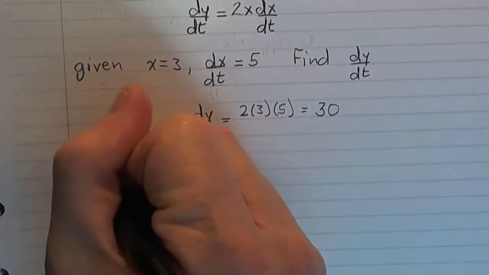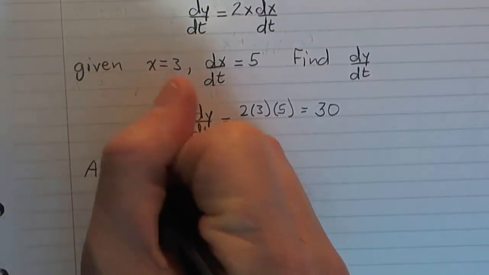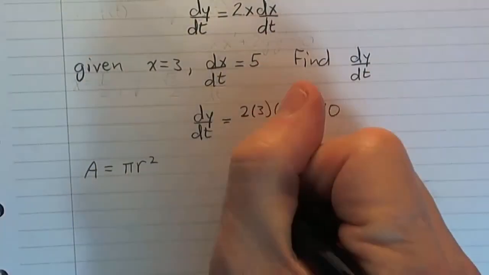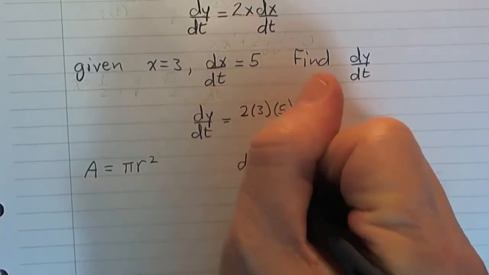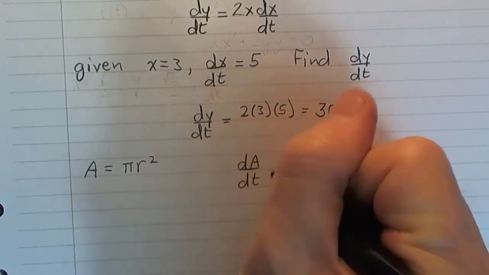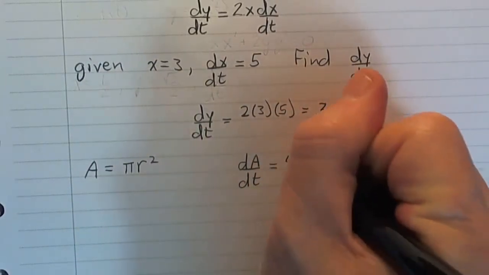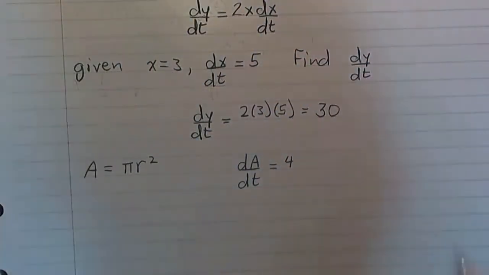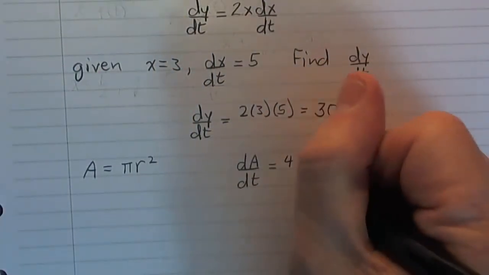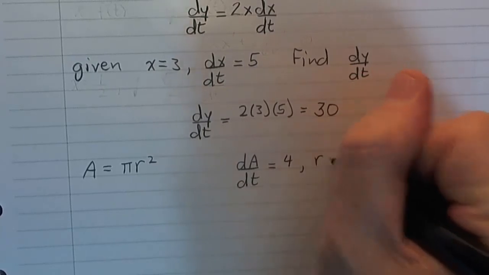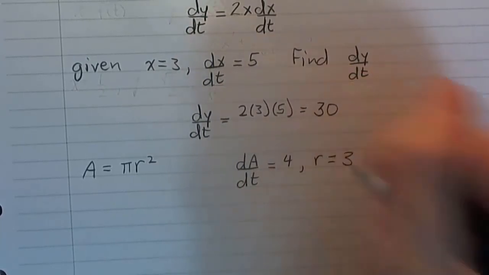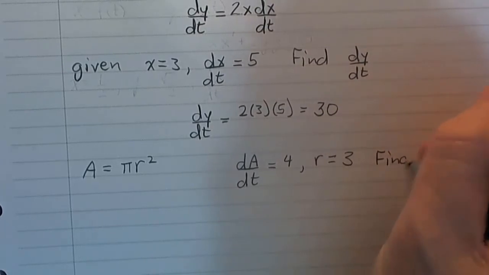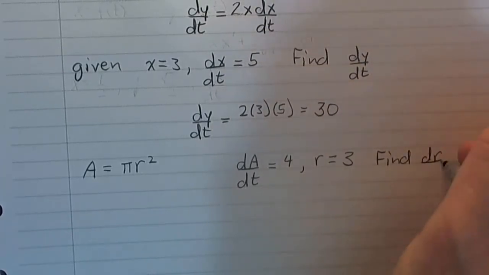So let's think about this one. Let's suppose that A equals pi r squared. And we're told that dA/dt is equal to, let's say, 4 units, when r is equal to 3, and we want to find dr/dt.